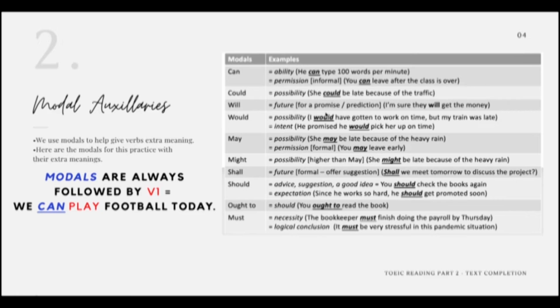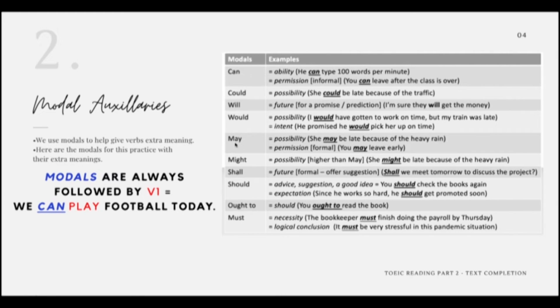You can predict something by using will as a modal. For instance, I'm sure they will get the money, or I'm sure we will have an A score for this subject. The next thing is would. It shows intention. For instance, he promised he would pick her up on time. So it shows the intention of someone.